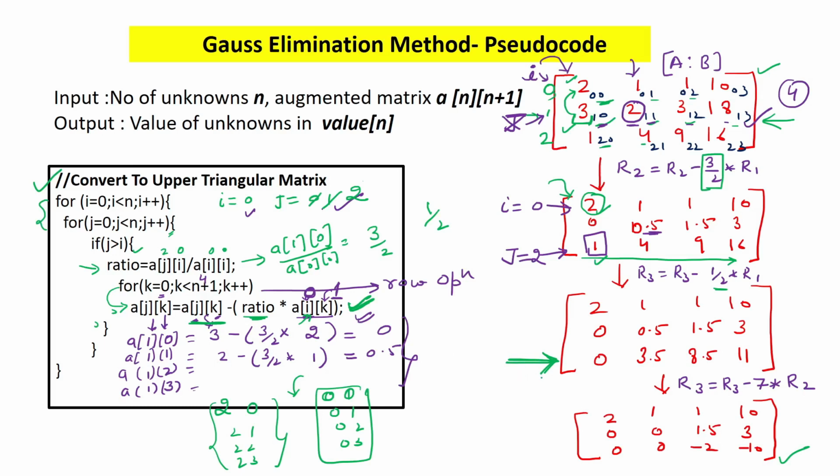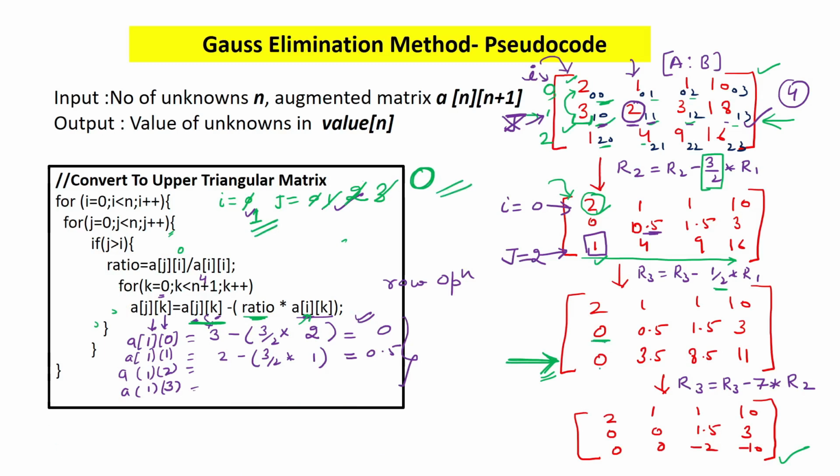Now after this matrix is found, we will again increment this j loop and j will be 3. So this j loop will now be false because j is not less than n. So at last we have to increment this ith loop, that is i will be 1 and j will again start from 0. So your i is 1 and j is 0.